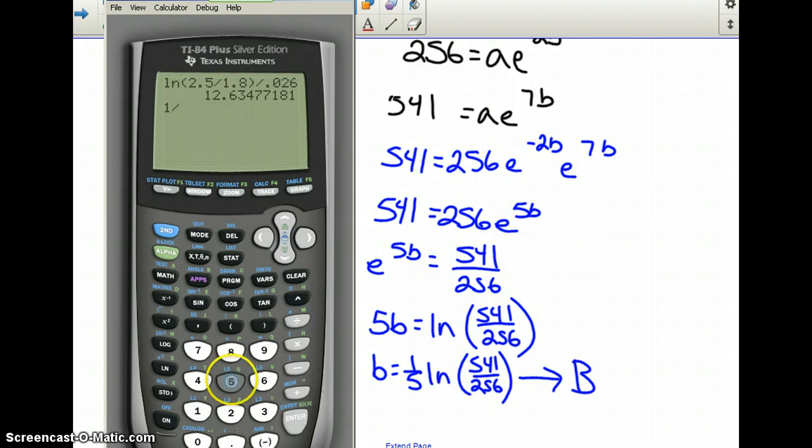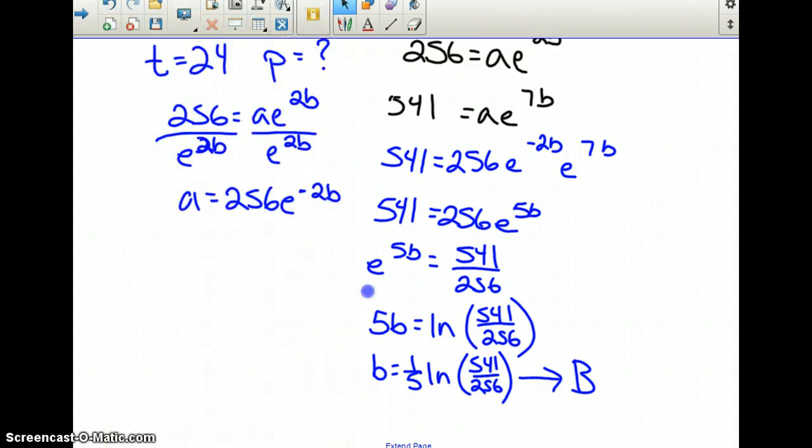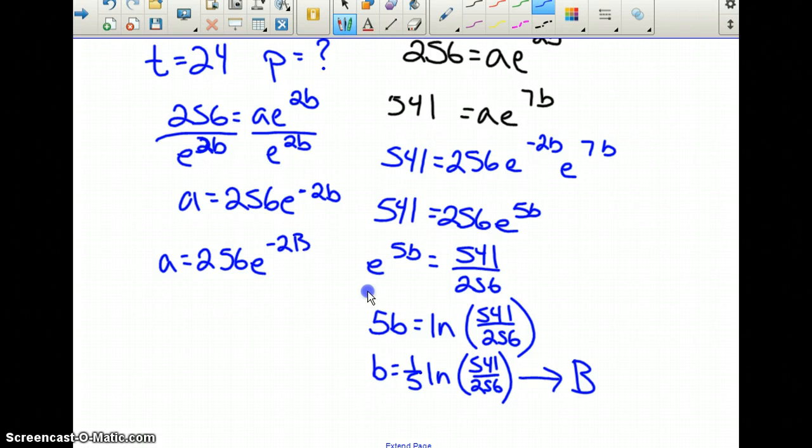One divided by 5, ln 541 divided by 256, close, store, alpha b. All right, so now it's stored, and I have a decimal approximation, so that's cool. I need to know what a is as well. All right, so a is 256 e to the negative 2b, and I just stored my value for b.